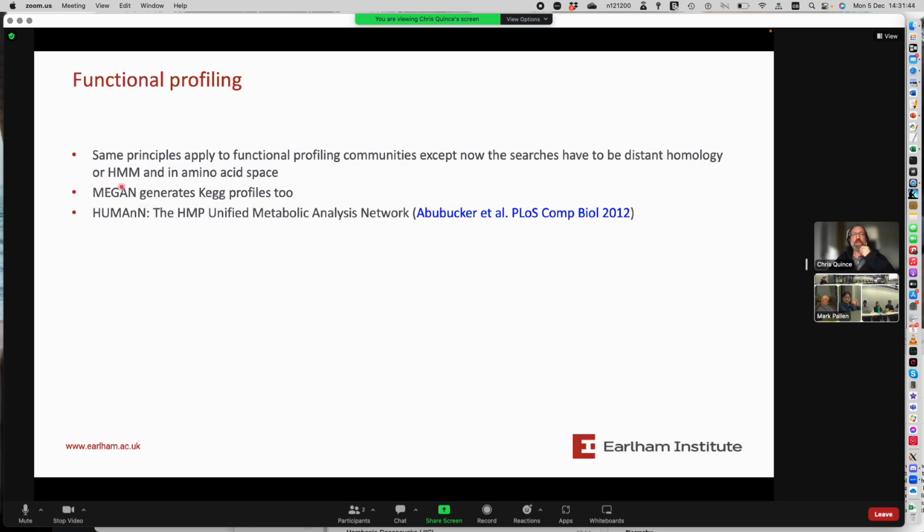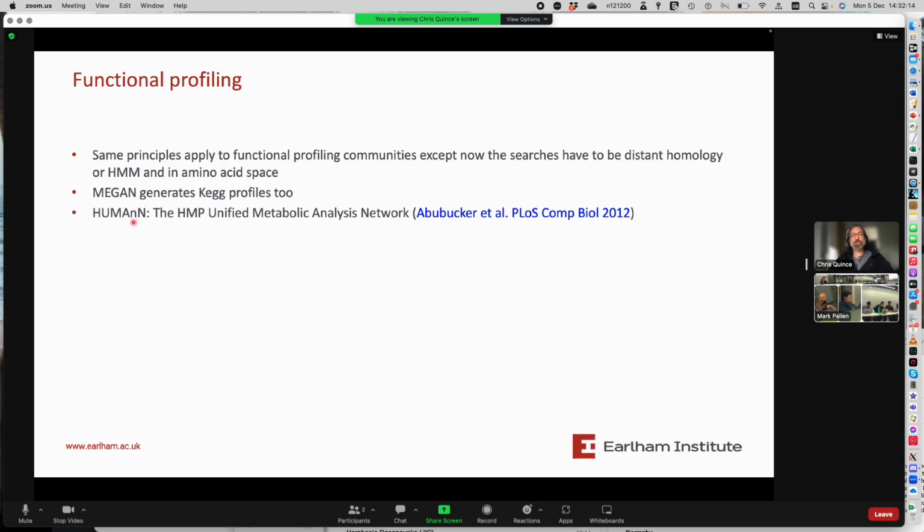MEGAN gives you both taxonomic and functional profiles, and it can do that because on the NR database, the non-redundant protein sequences, a lot of things are annotated to function as well as being annotated to taxonomy, and it's integrating all that information. And actually it does then map them onto KEGG orthologs, so you can get KEGG profiles out of that as well.